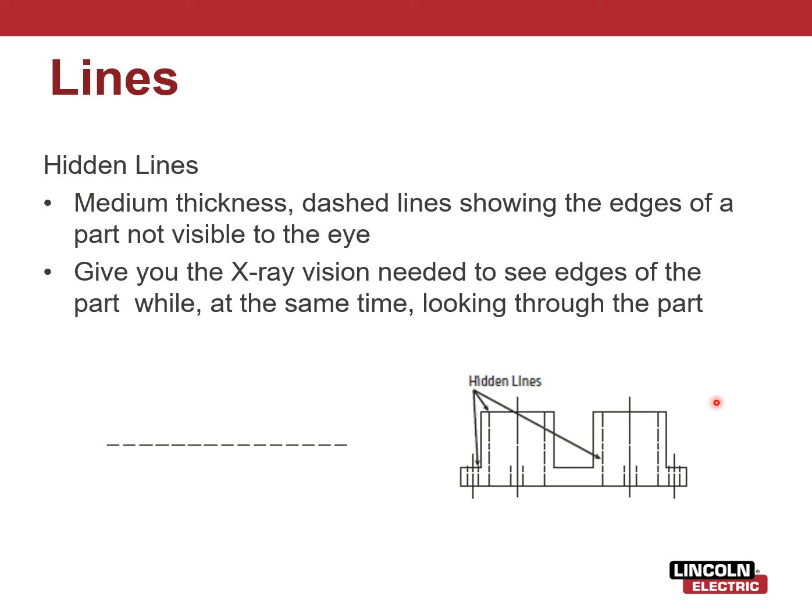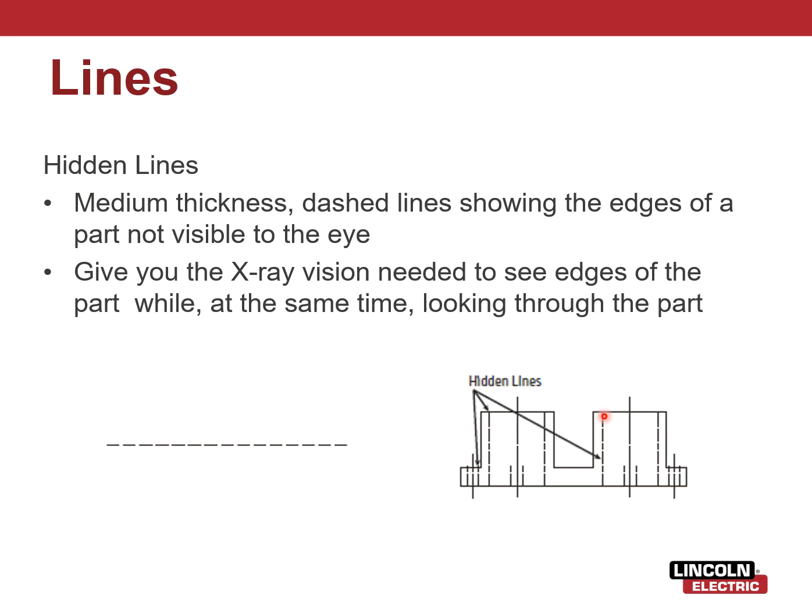Imagine this is a cylinder, right? You would have the exterior wall of that cylinder visible to the eyes, but the inside of that wall would not. So this gives you a visual representation of the wall thickness of that pipe or tubing or whatever.